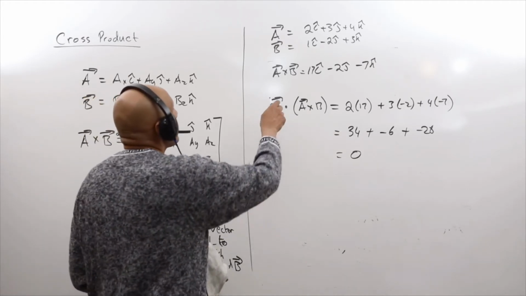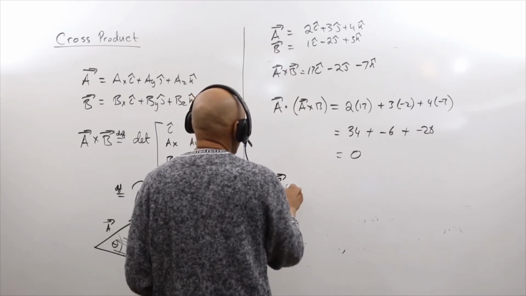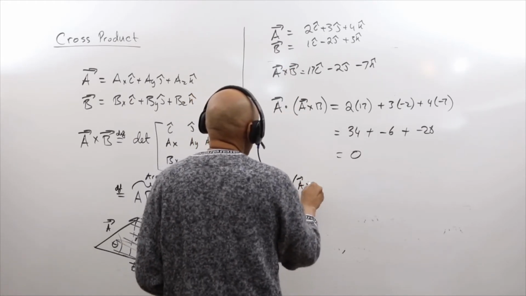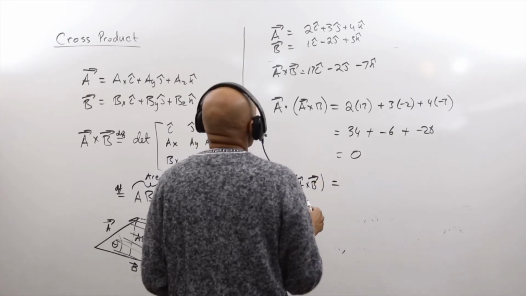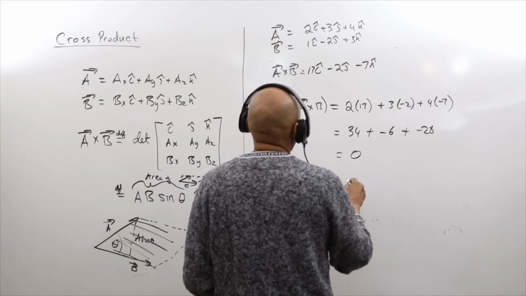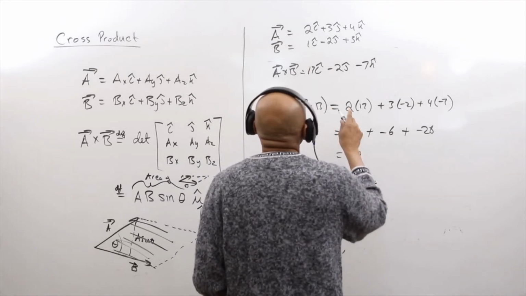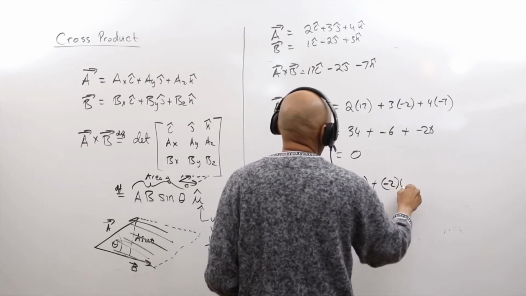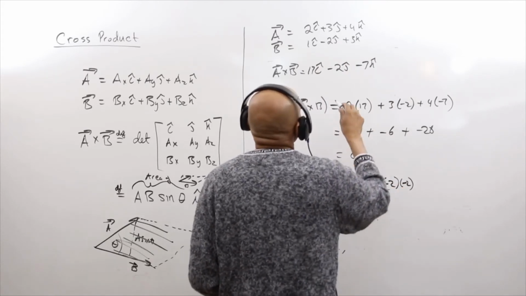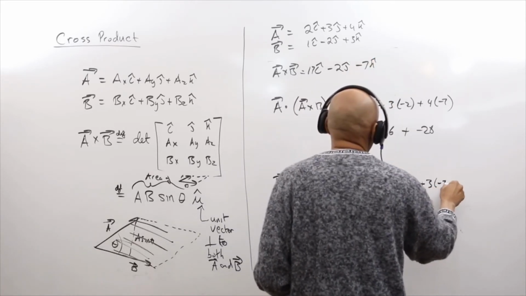Let's double check also that A cross B is perpendicular to B. So repeat the process again: B dot A cross B. This is going to be 1 times 17, minus 2 times negative 2, plus 3 times negative 7.